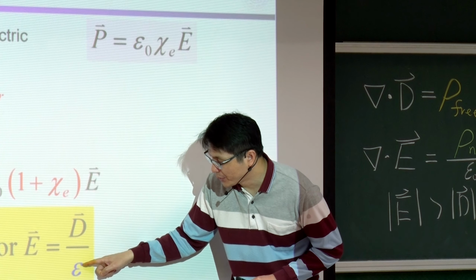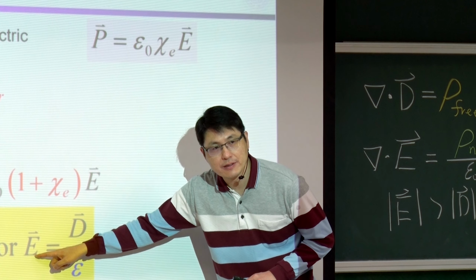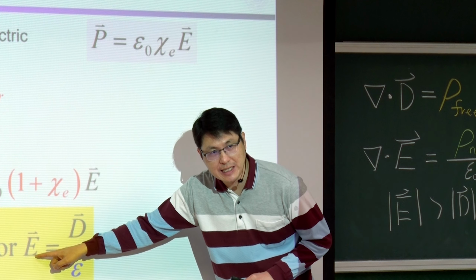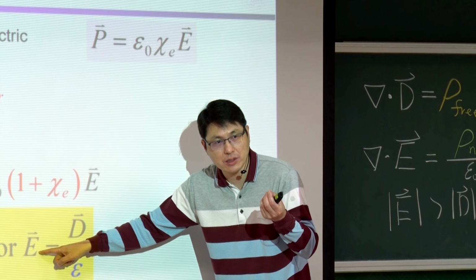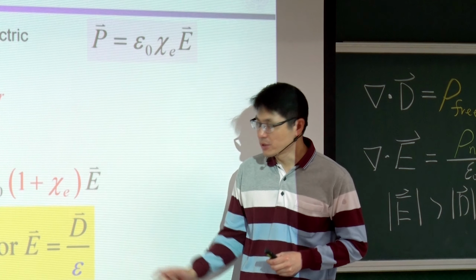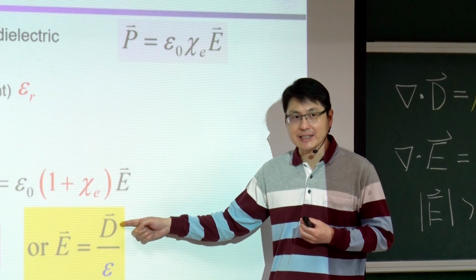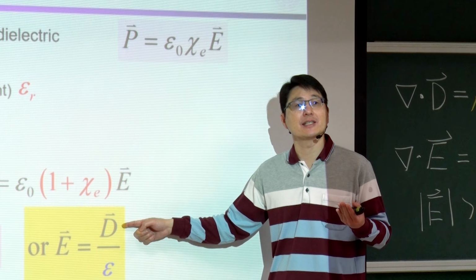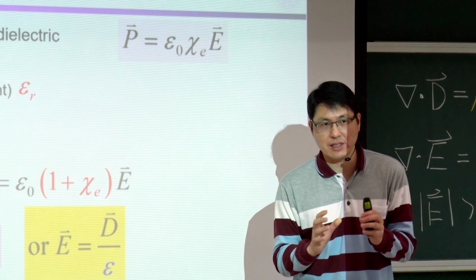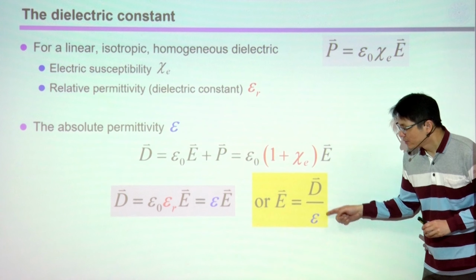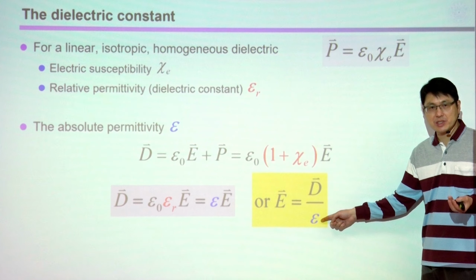If you have a material with very high epsilon value, it's making your field strength in terms of E field intensity, which is associated with the net charge density, weak, right? So this formulation is telling you D should be held as a constant because it's only related to free charge density. E is related to the net charge density. So for different material, you have different ability to form induced dipoles.